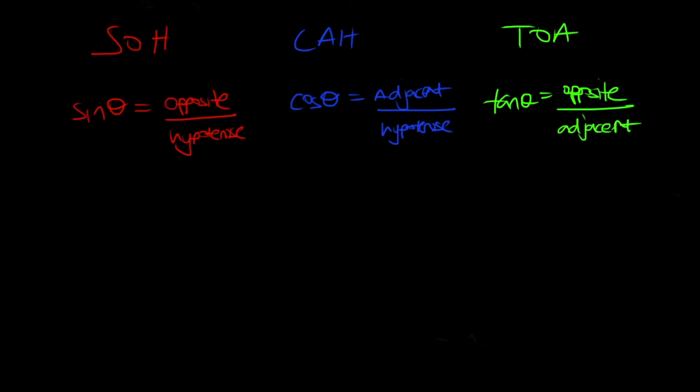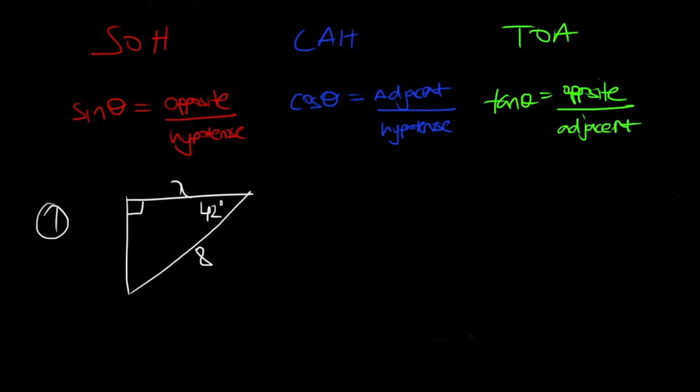Okay, so this might still seem pretty abstract, but once we have a look at some examples, it will become much more concrete. The first example we'll look at is this right angle triangle here. I have my right angle here, x here, 42 degrees here, and then I have 8 here.